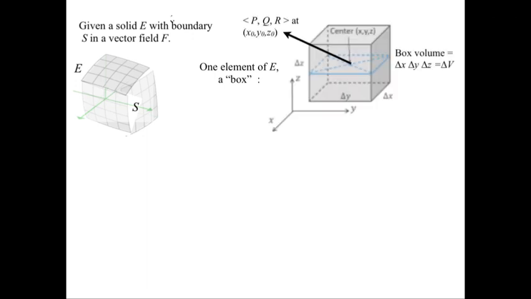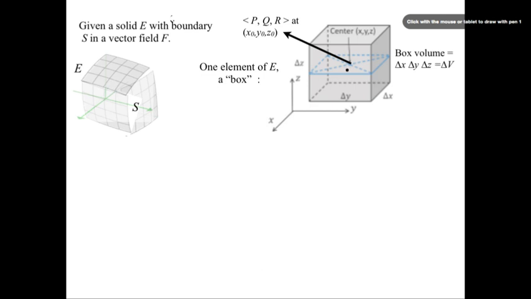Okay, so we're thinking about chopping this up into three-dimensional little elements, and we'll call each one a box, right? So you can see how this thing is chopped up. And you imagine it's made up of a bunch of boxes, okay? So here's one little tiny box. It has a volume of delta x, delta y, delta z.